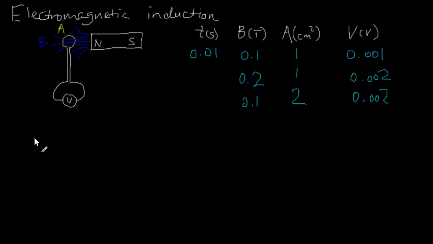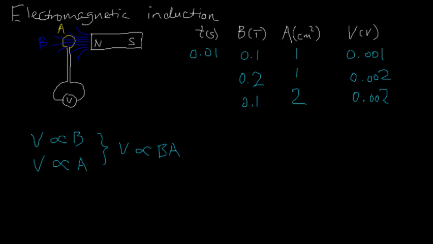Because if the voltage is proportional to a quantity, say B, and if the voltage is also proportional to another quantity A, then what this means is that the voltage should be proportional to B times A, the product. So this is what we can think of mathematically, and we can also check this.